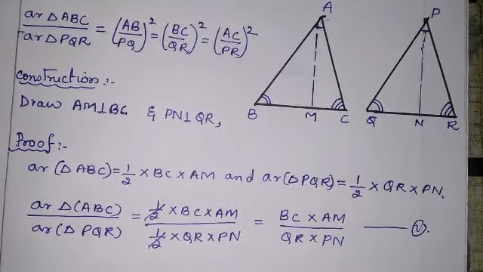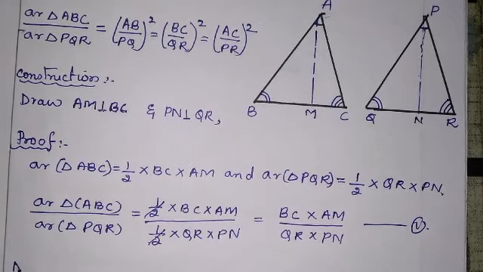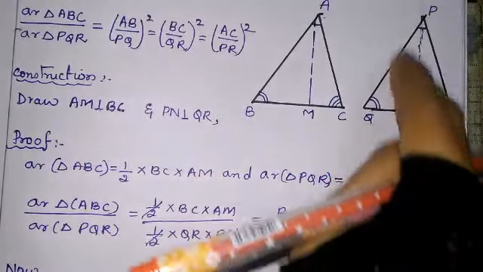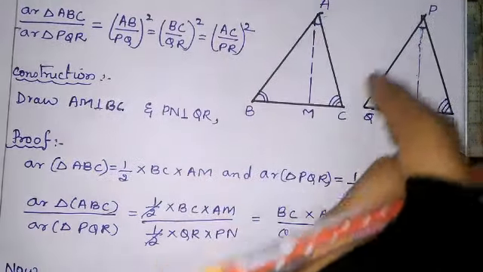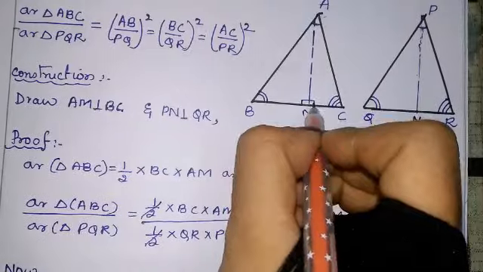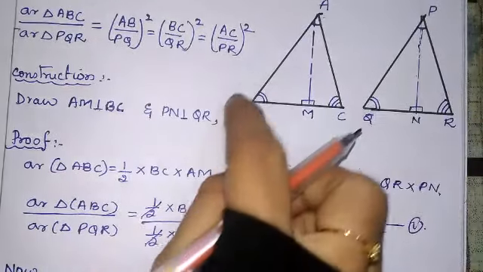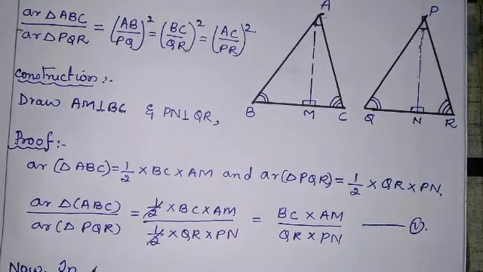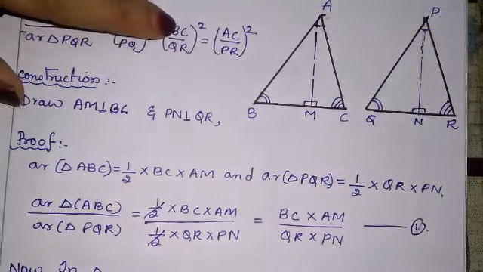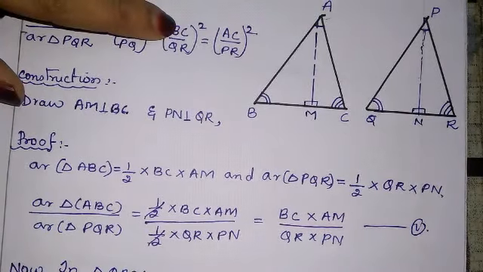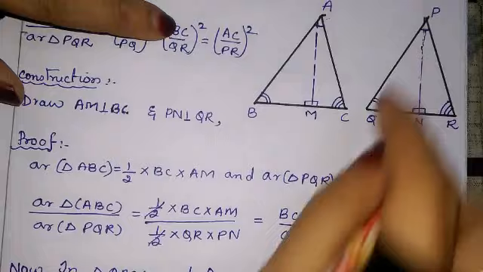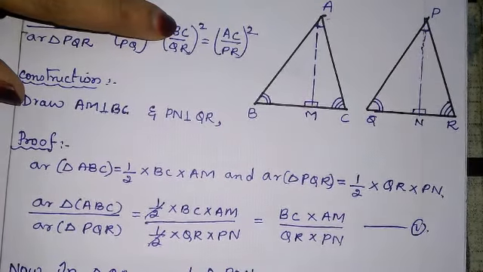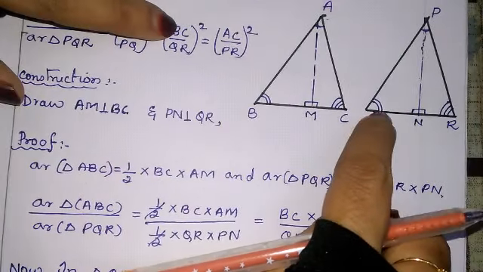Now let us see these two triangles, ABM and PQN. I have taken these. These are right angle triangles. In triangle ABM and triangle PQN, we can see that angle B is equal to angle Q, given.